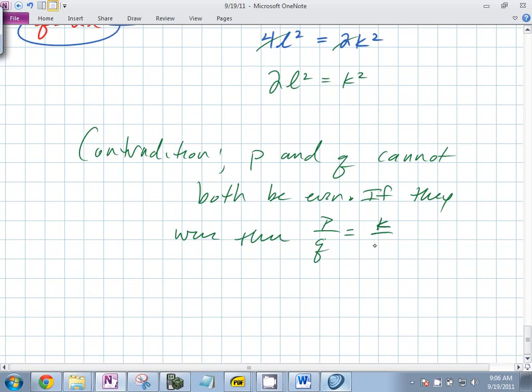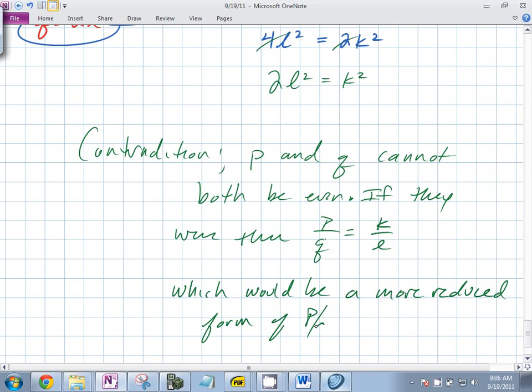And we have a lower one. Contradiction: P and Q cannot both be even. If they were, then P over Q would be K over L, which would be a more reduced form of P over Q. So we just came up with a contradiction.